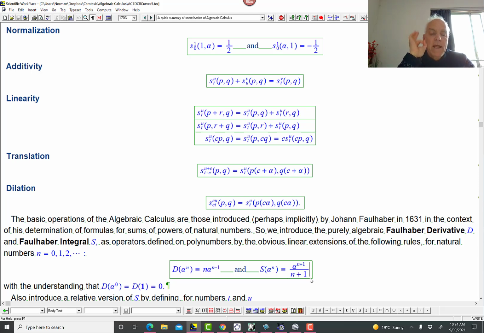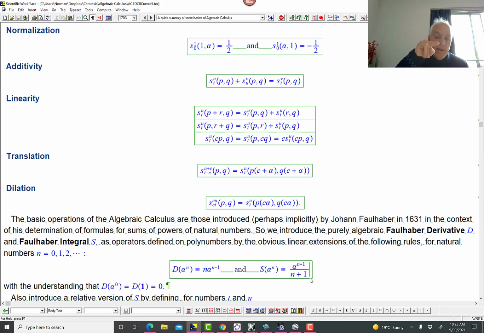But the point is that we can define these things purely algebraically, independent of any geometrical connection with slopes of tangents of curves or areas under curves. And indeed, Faulhaber's interest was not in either of those directions. He was interested in calculating some remarkable formulas for sums of powers of natural numbers.